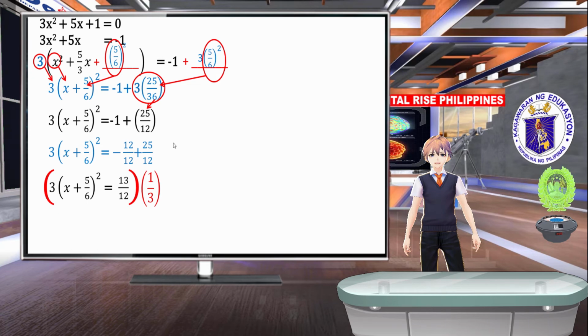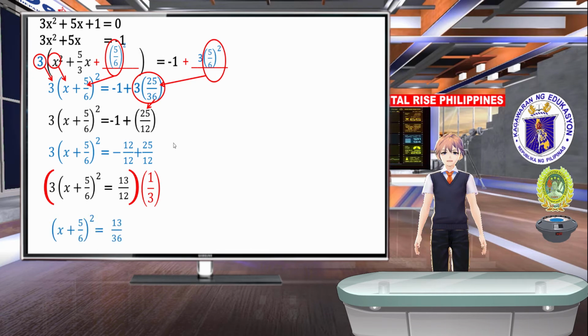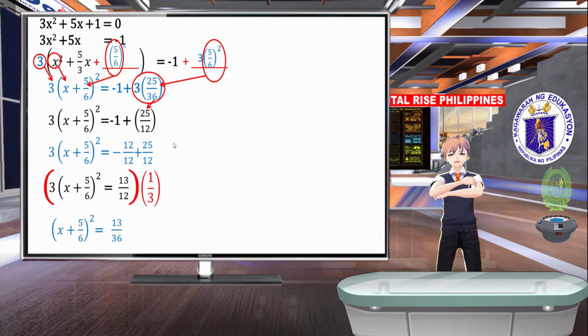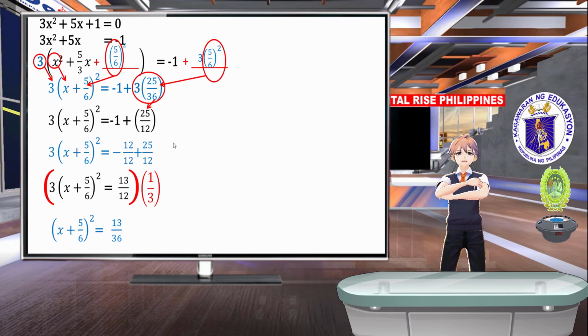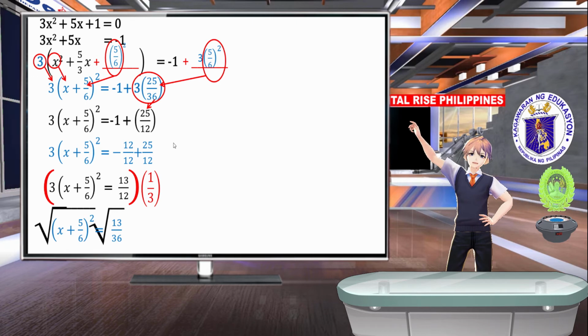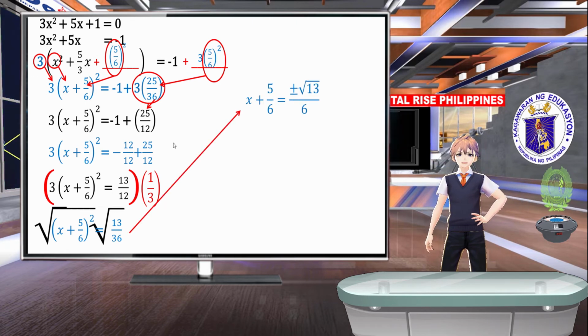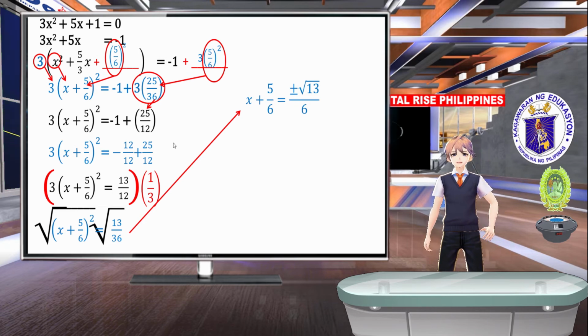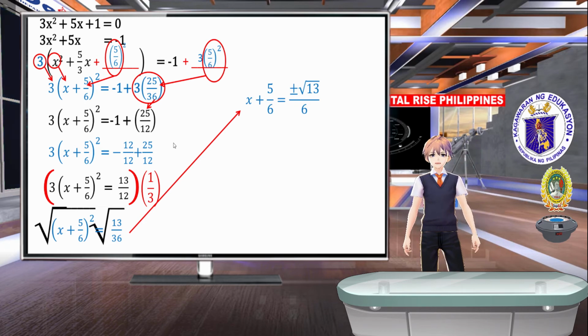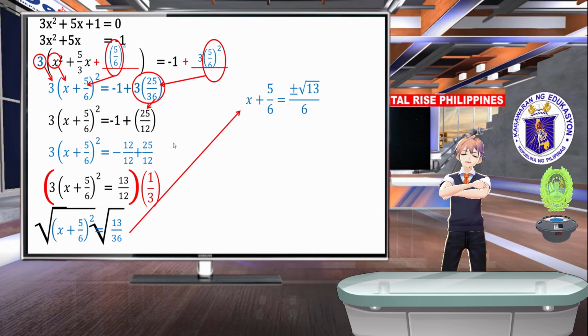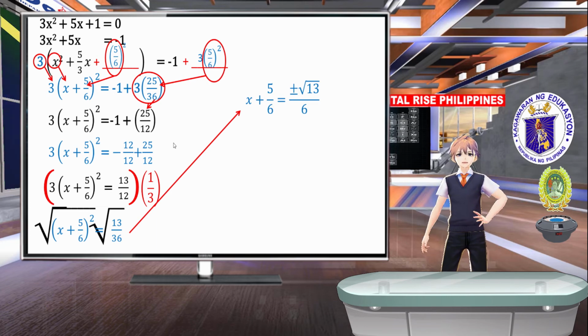Multiplying both sides of the equation by 1/3, we get x plus 5/6 squared, equals 13/36. Then get the square root of both sides. This will give us x plus 5/6, equals plus or minus square root of 13 over 6. 6 came from the square root of 36.